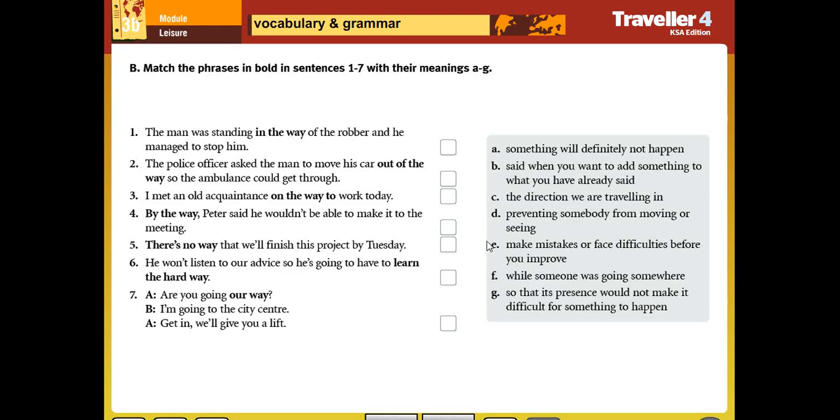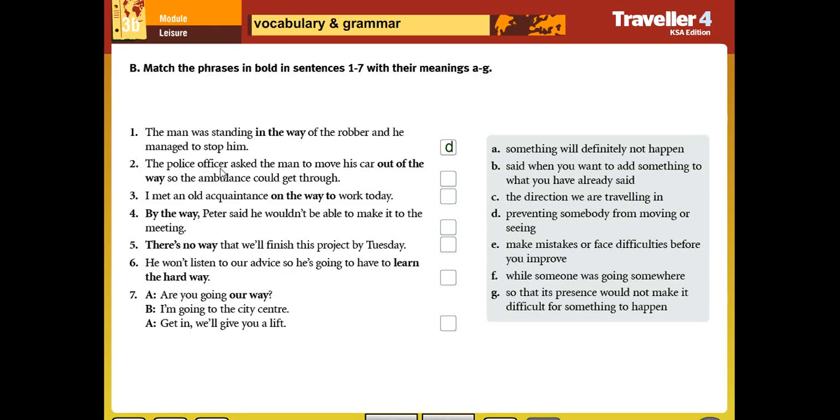We have some choices here. Yes, it means to prevent somebody from moving or seeing. Imagine that you're watching TV and your little brother is standing in your way, between you and the television. You cannot see the screen because your little brother is standing in your way.